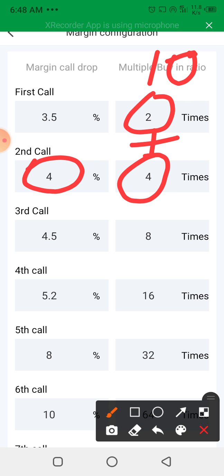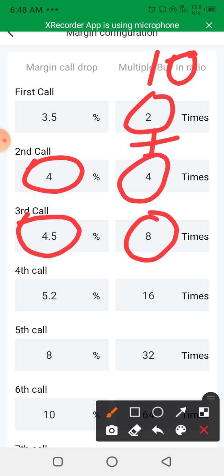So third call says if it drops 4.5%, if it drops 4.5% again, buy 8 times. For me, at this point, if you have 100 USDT, know that your money has already been exhausted. So there's no way you can put 8 here.